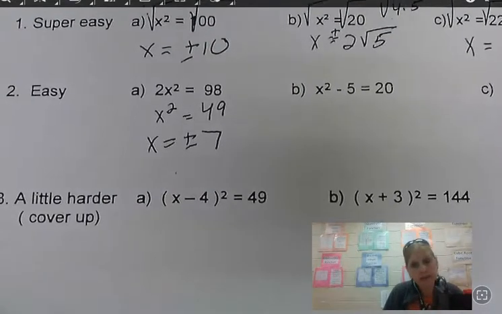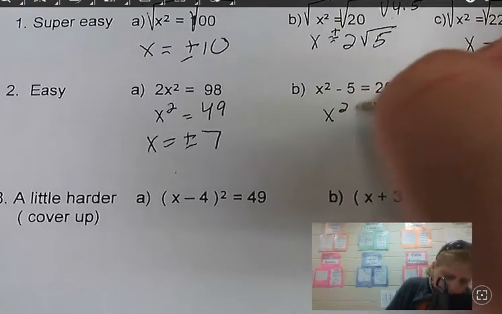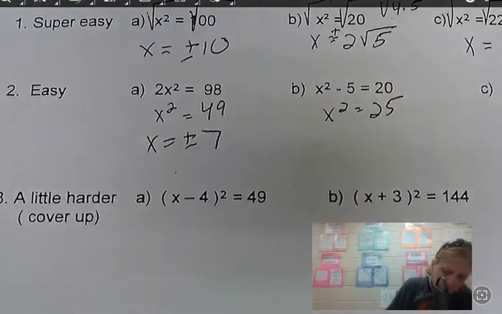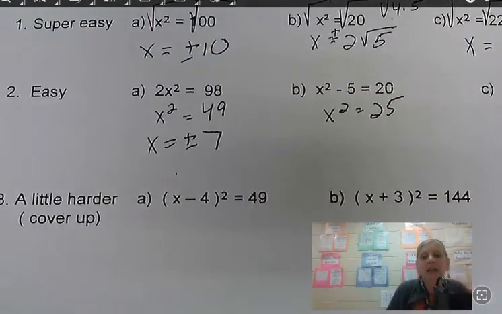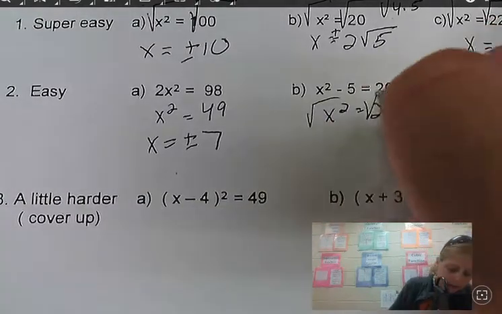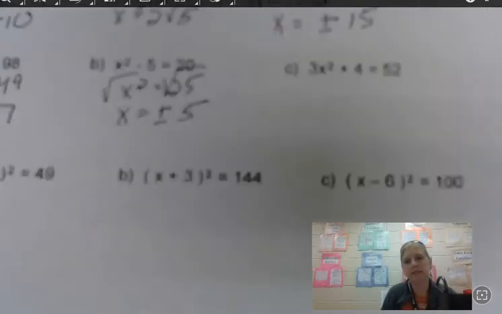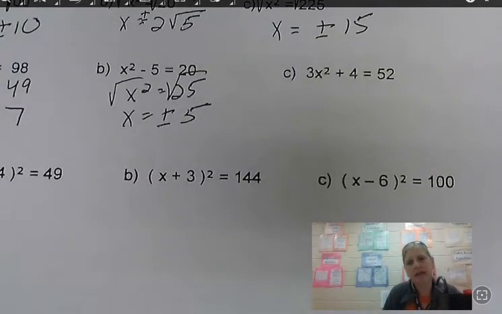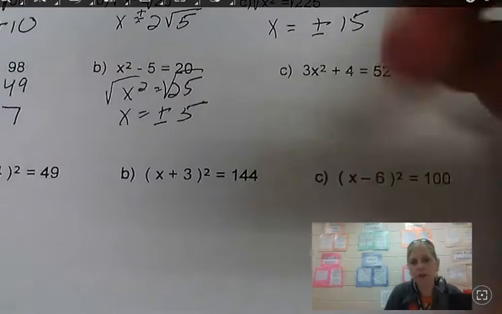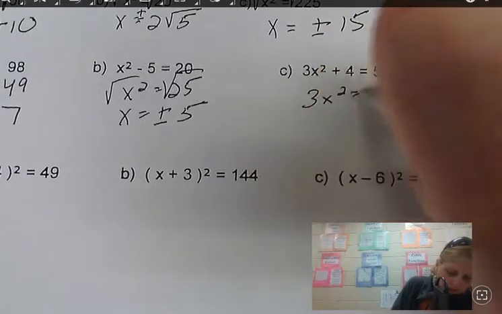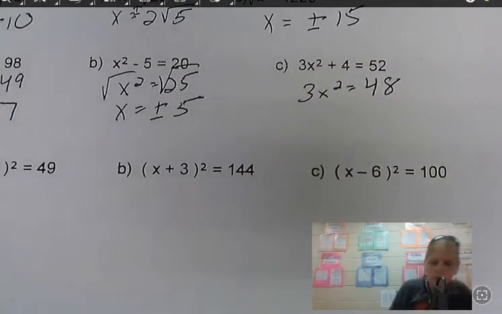Letter B. What do I want to do to both sides of the equation? Add 5. Again, you end up with a perfect square of 25. I take the square root of both sides, and I get x equals plus or minus 5. Now this is a 2-step equation. I first subtract the 4, so I get 3x squared equals 48.